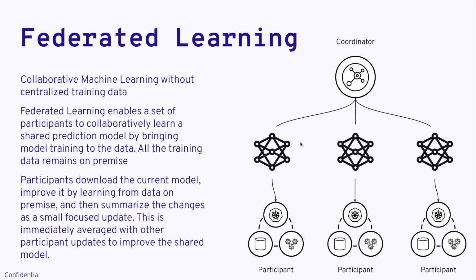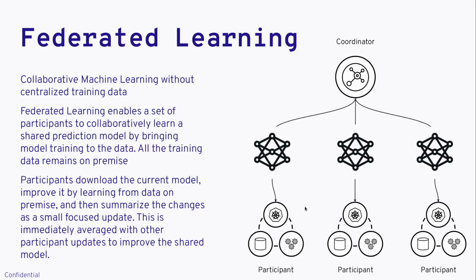So a typical federated learning session starts with a bunch of participants connecting to a coordinator, and in the beginning of a round, the coordinator will send to each participant the current model.